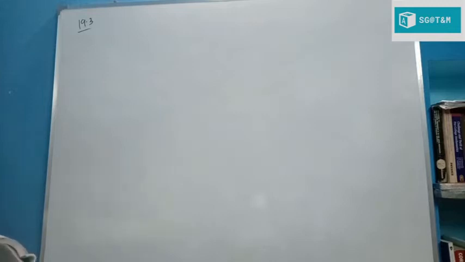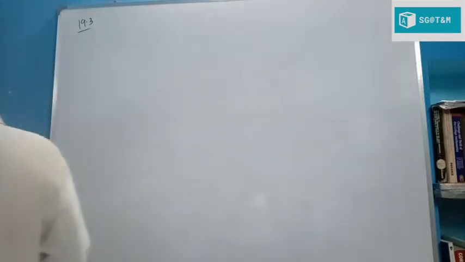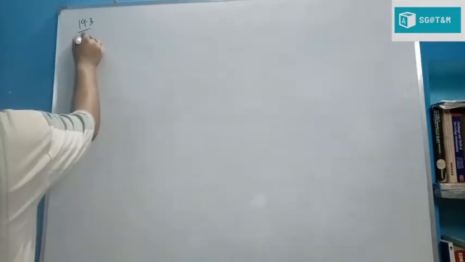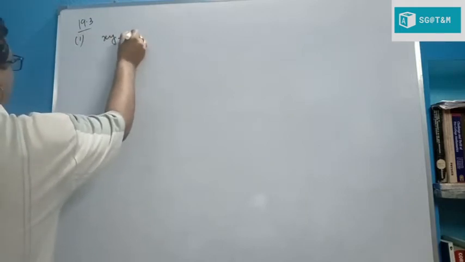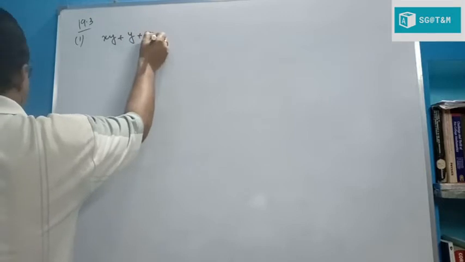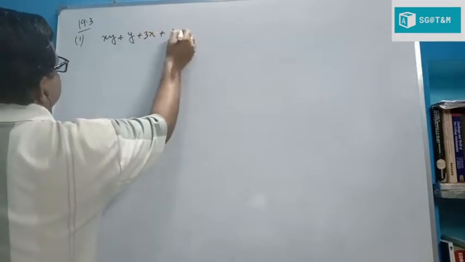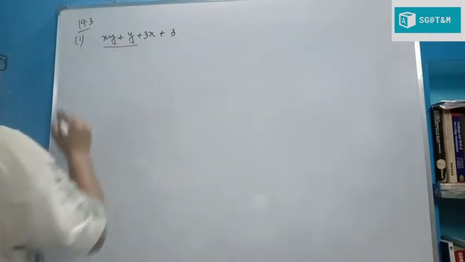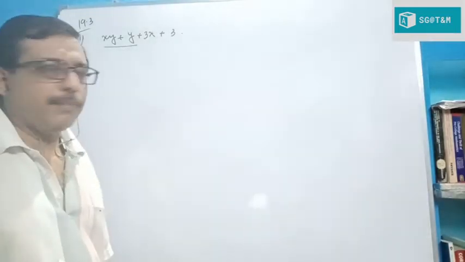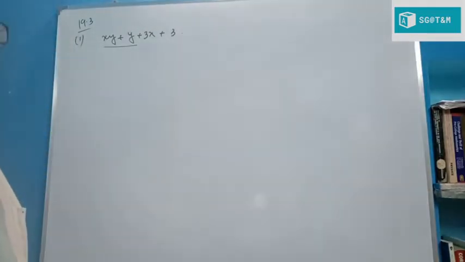Let's do it ourselves, 19.3. Question number 1: xy + y + 3x + 3. How do we solve this? From the first two terms, is there any common term? xy and y.